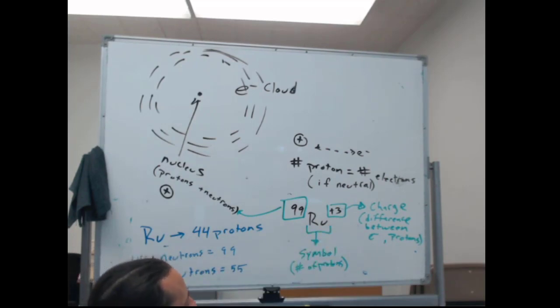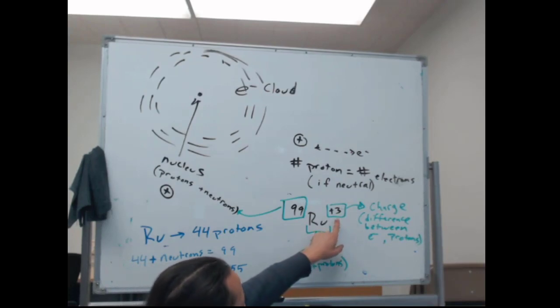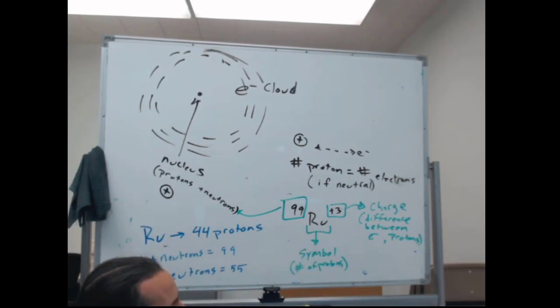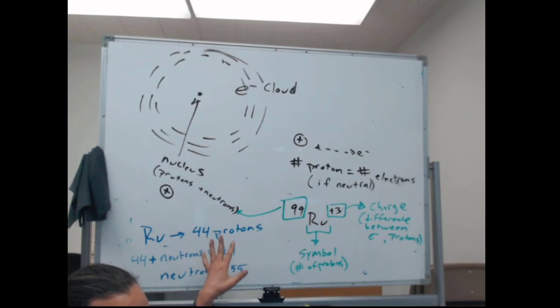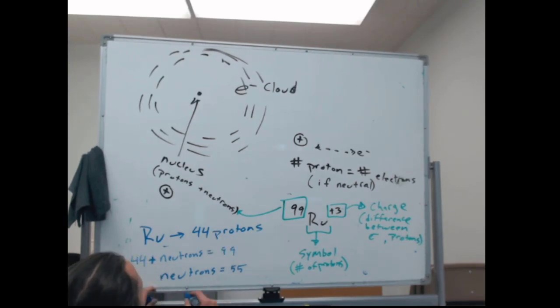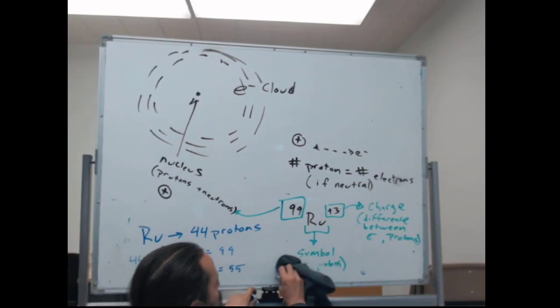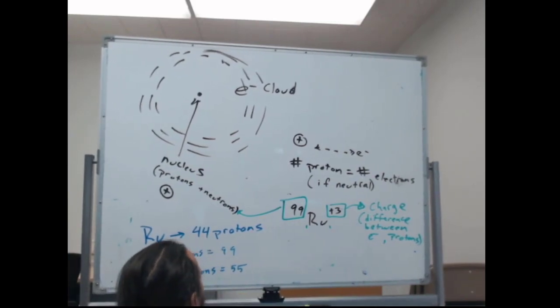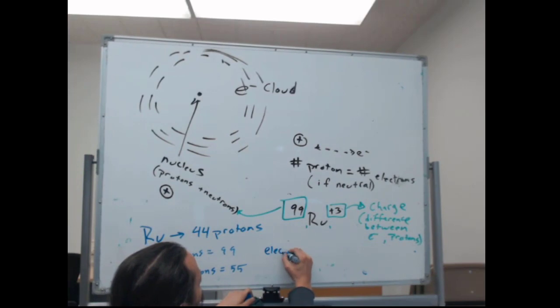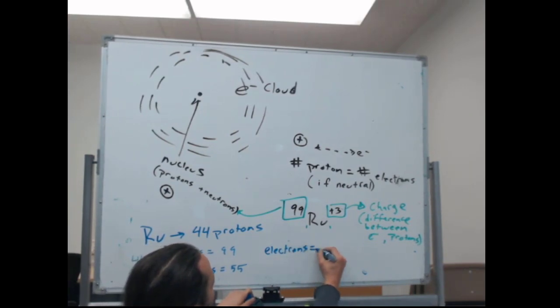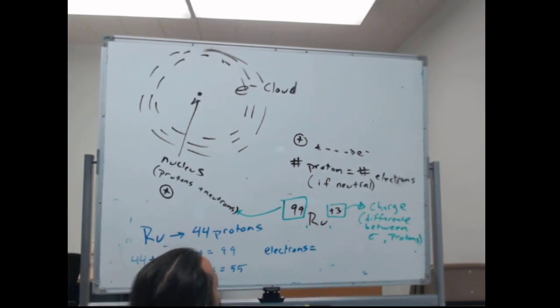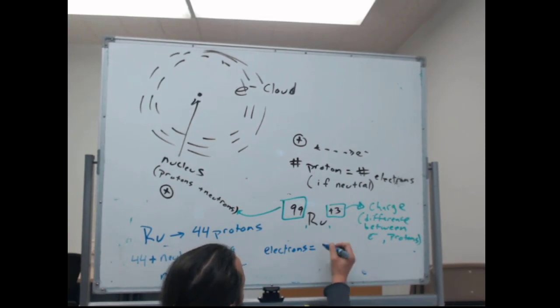So we know, since protons are positive, we must have fewer electrons than protons. We can't change the number of protons. That's what defines it as ruthenium. So I have to give myself a little bit more space, but we can calculate the number of electrons, recognizing that the electrons is going to be equal to the number of protons minus 3.